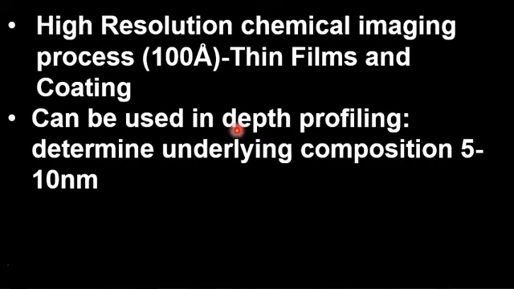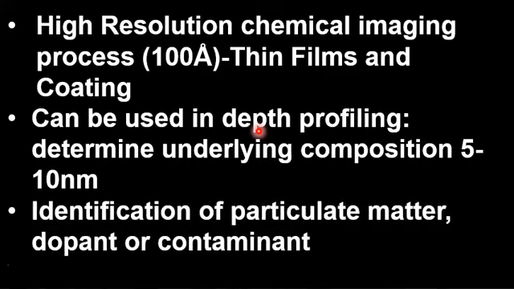In that region the emitted Auger electrons give information about the elemental and chemical composition of the material below the layer. So this technique is most common in analyzing material by depth profiling below the layer.